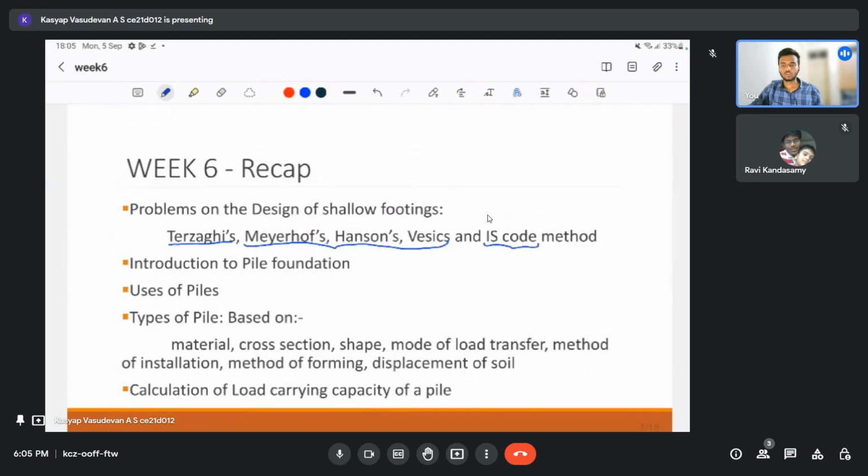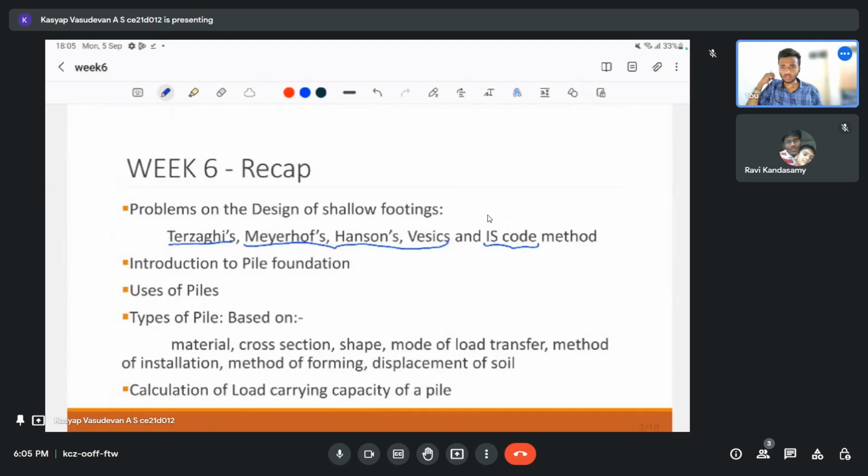You must have seen this in many different structures, like high-rise buildings, bridges, even a 3 to 4 story building. If the shallow layers are not strong enough, we will have to go for a deeper foundation. And you must have also found pile foundations in harbors and many different structures.